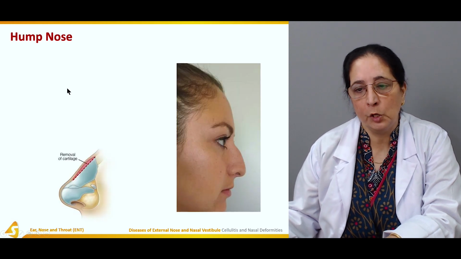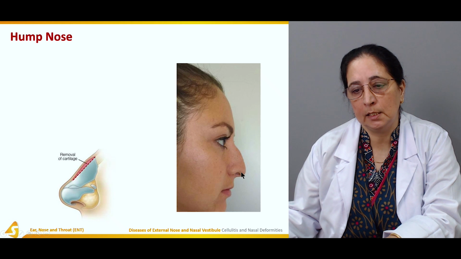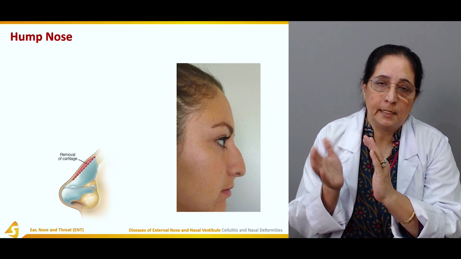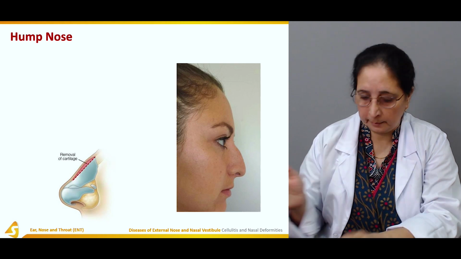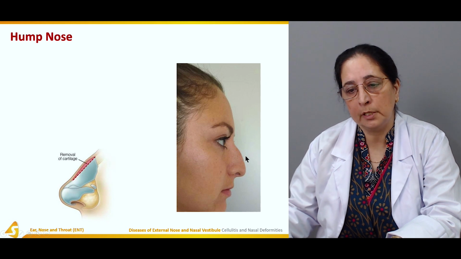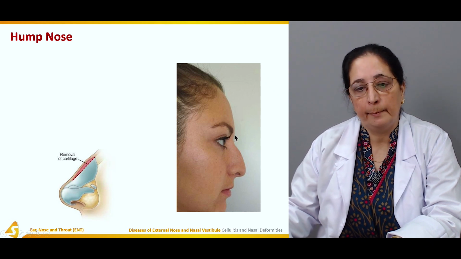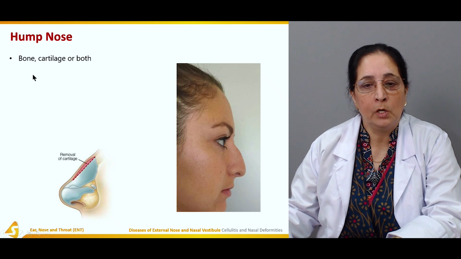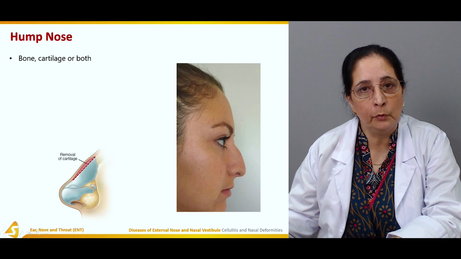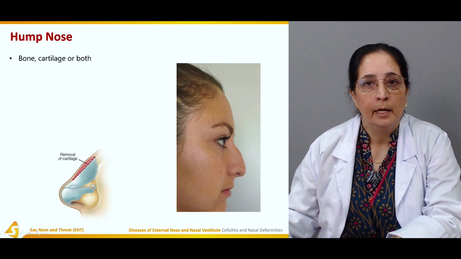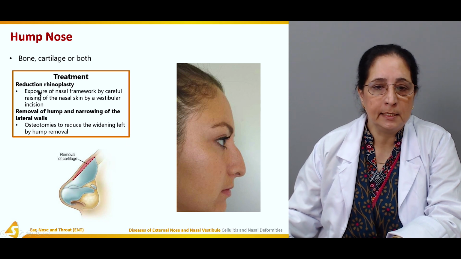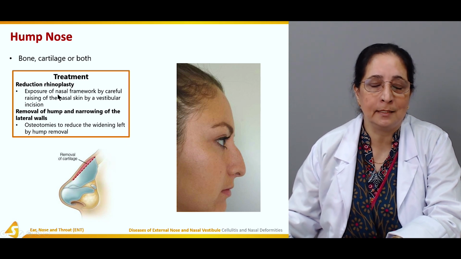Next, the hump nose. Here, if you see, this is the hump nose, the humpback, when there is excessive bulge of the back. This is the hump nose, in which there is excessive bulging here. So bone, cartilage, or both bone and cartilage are associated with hump nose, as with saddle nose. Treatment is reduction rhinoplasty.